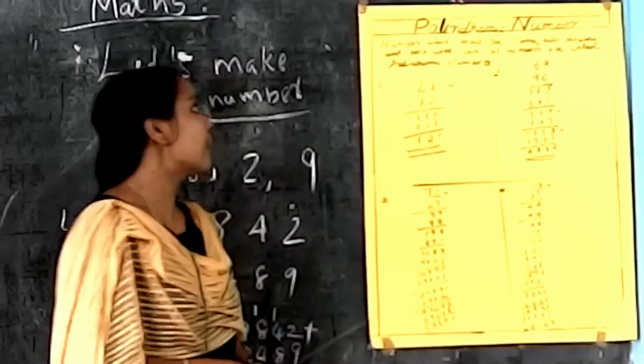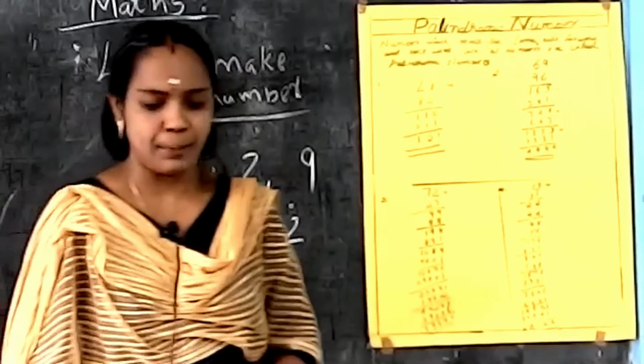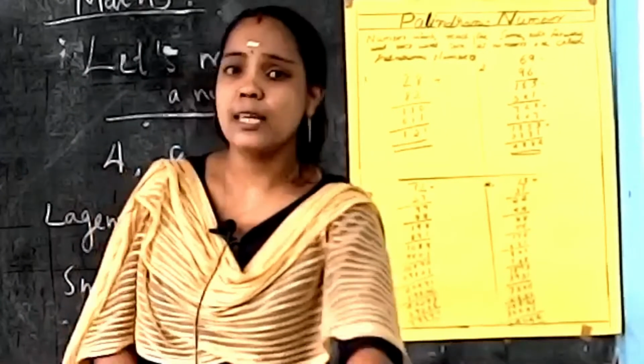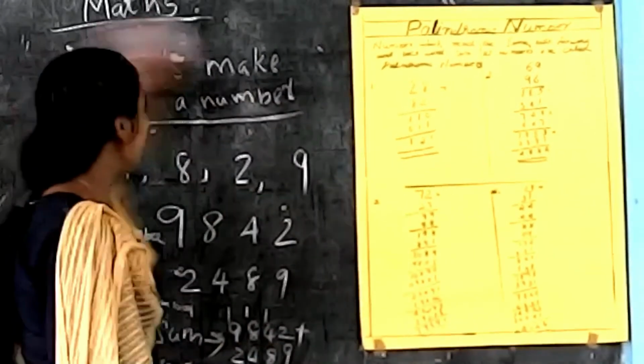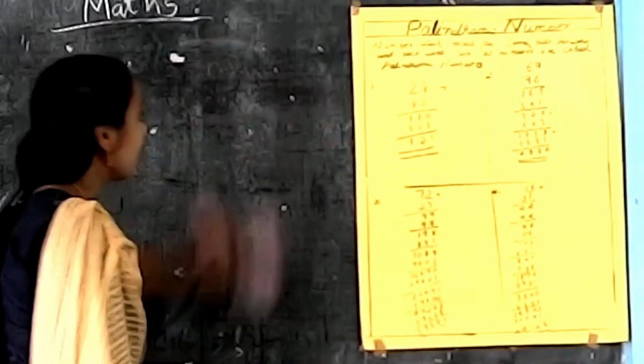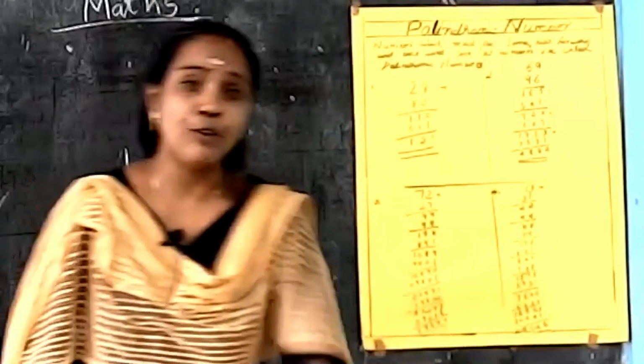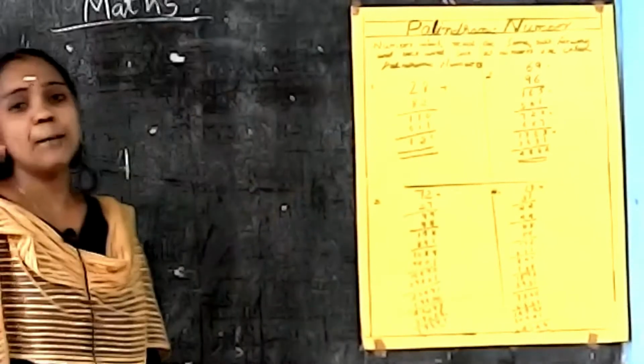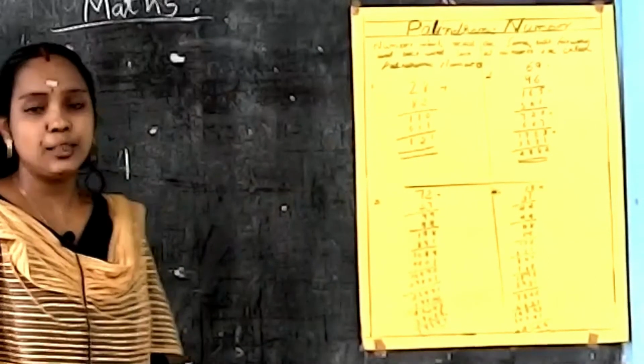Such numbers are called palindromic numbers. That type of number is called a palindromic number.